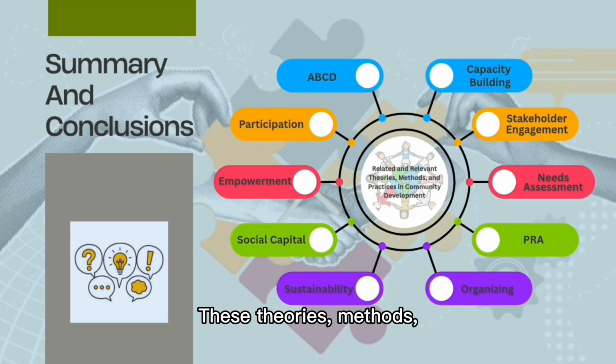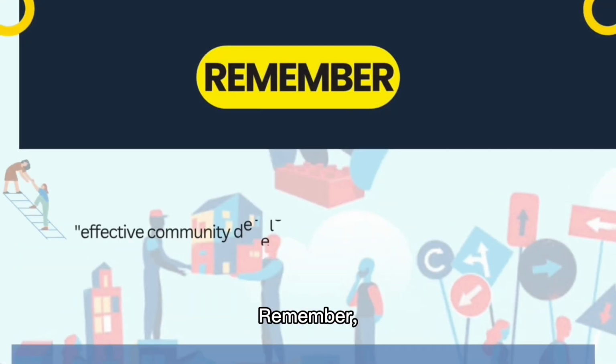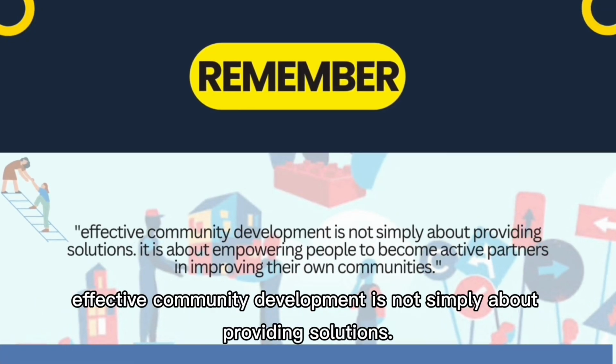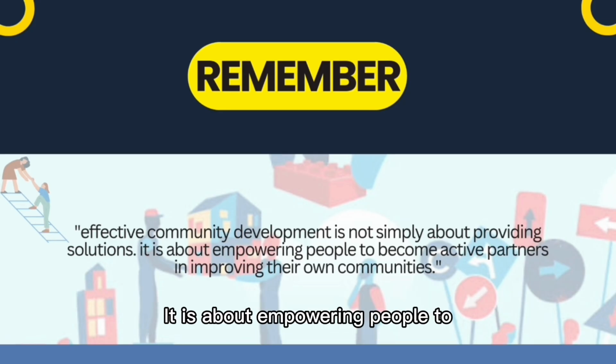These theories, methods, and practices provide valuable guidance for creating sustainable and inclusive development. Remember, effective community development is not simply about providing solutions. It is about empowering people to become active partners in improving their own communities.